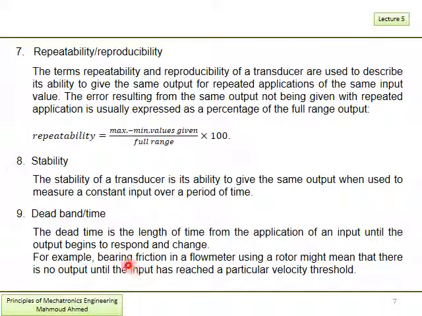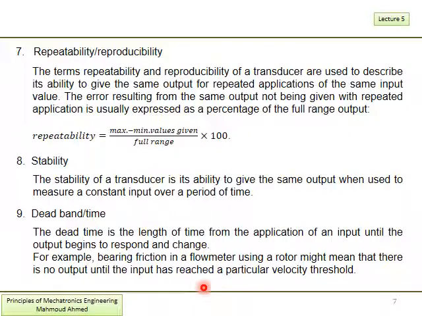Let's have an example. For example, in case of measuring flow using a flow meter, the idea of measuring flow is based on a rotor which rotates, and in this rotor we have a bearing friction. So at a certain instance at the beginning we have some flow, but due to friction nothing can be measured and we have no output until the input reaches a certain velocity where this friction doesn't exist anymore.